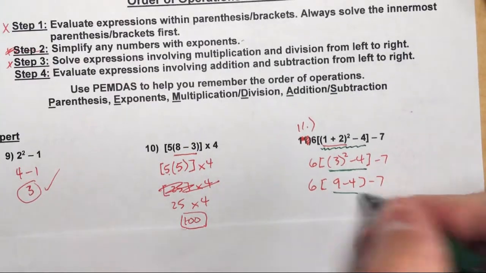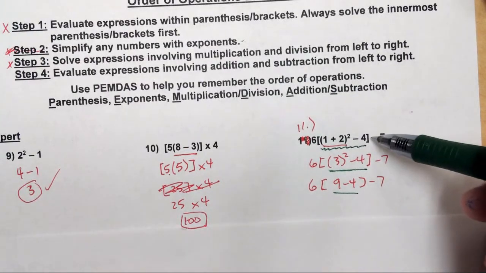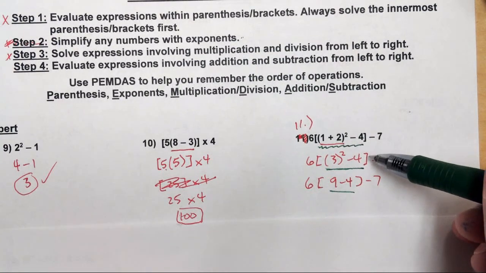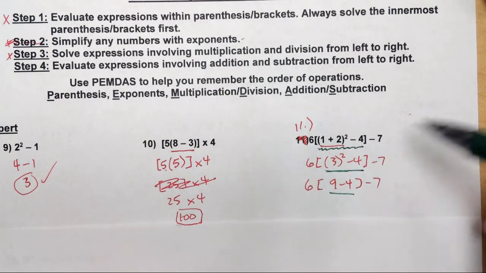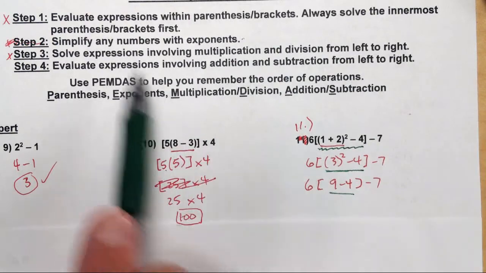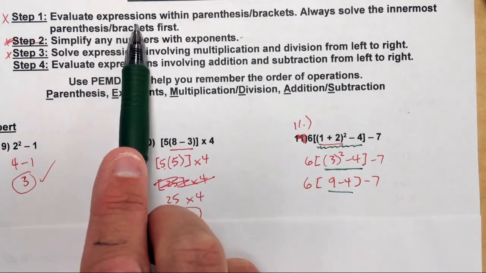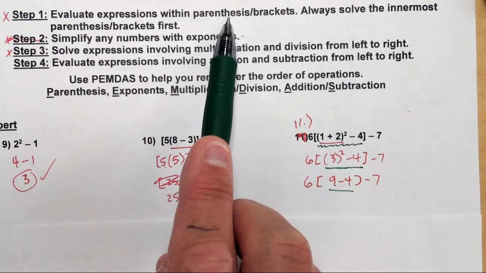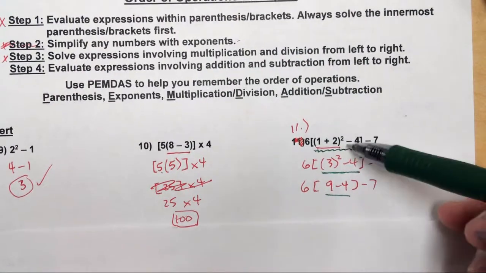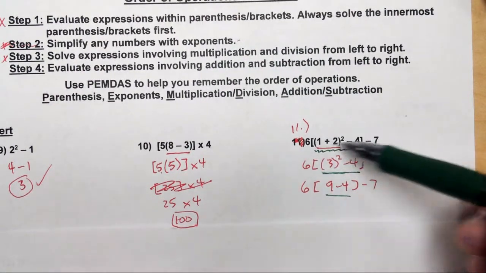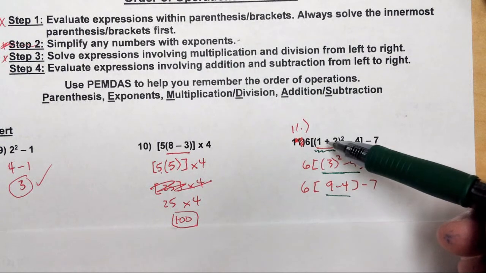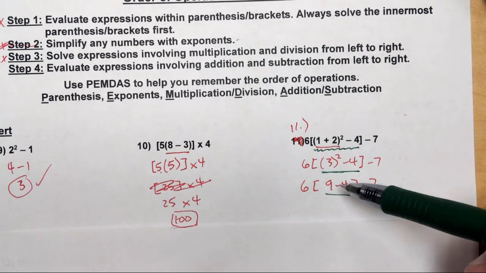From the original problem to the second step to the third step here, this is all just evaluating the very first expression within one of the parentheses. So again, I'm following the order of operations within these parentheses. I took care of the parentheses first, and then I dealt with the exponents, and now I'm going to end up subtracting here.